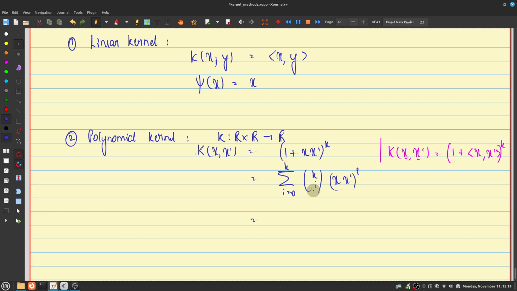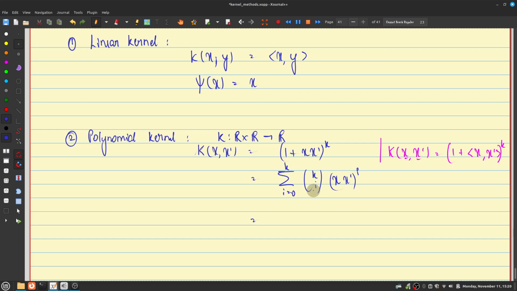I want to write this as the standard inner product between two vectors in k plus 1 dimensions. Each component is going to be a monomial, right?